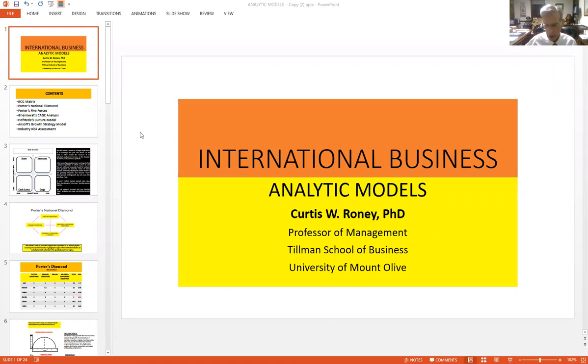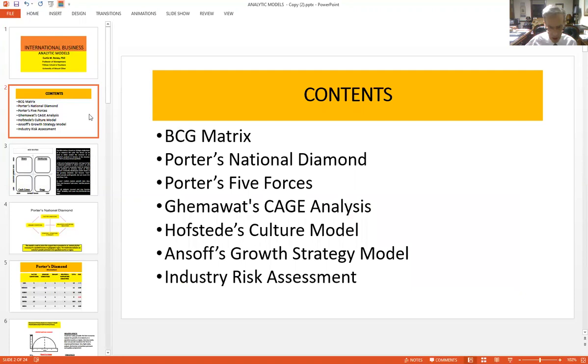These are analytic models that we can use to assess the international business environment, and for that matter, the domestic environment, if we know what we're doing. But these models initially were developed for international business analysis. And these are the models that we'll be going over.